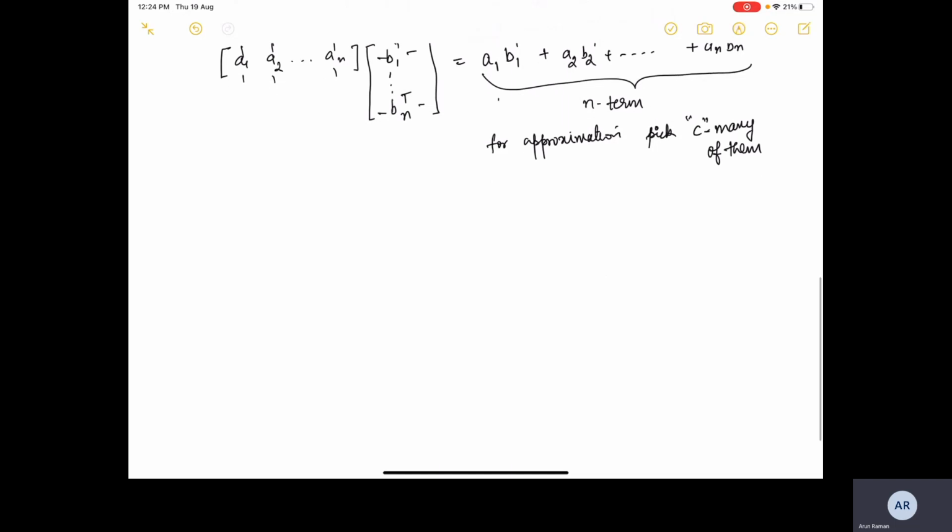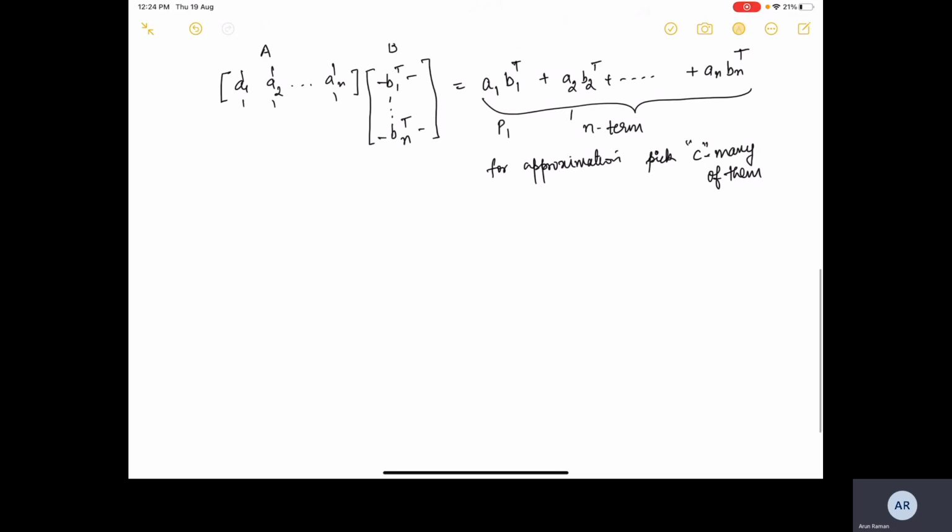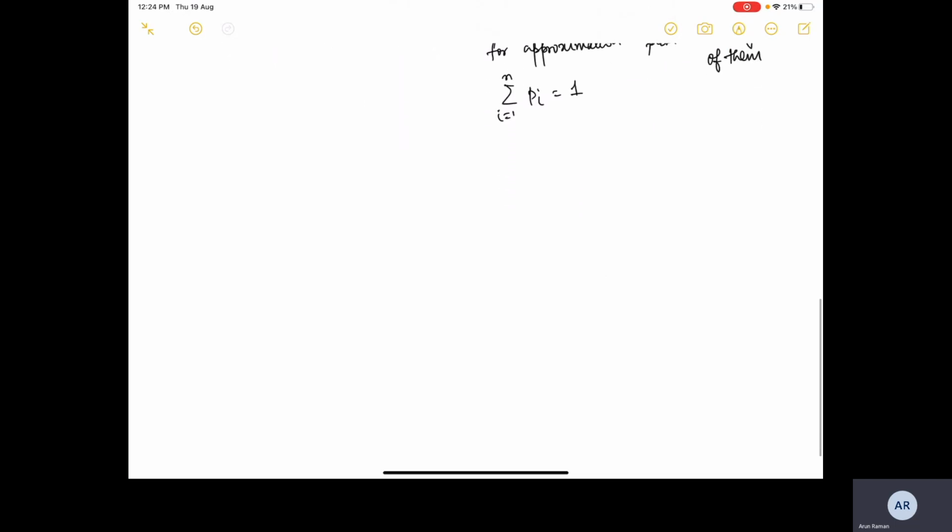We will associate a probability distribution as follows. We pick the first term with probability P1, second term with probability P2, and so on, and the nth term with probability Pn. Of course, they should sum up to 1, so we do not allow a sample where we do not pick anything.